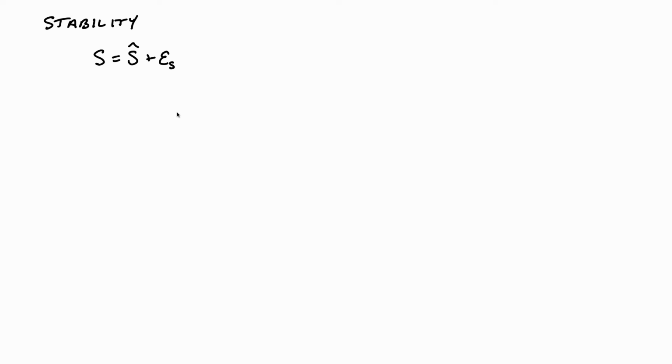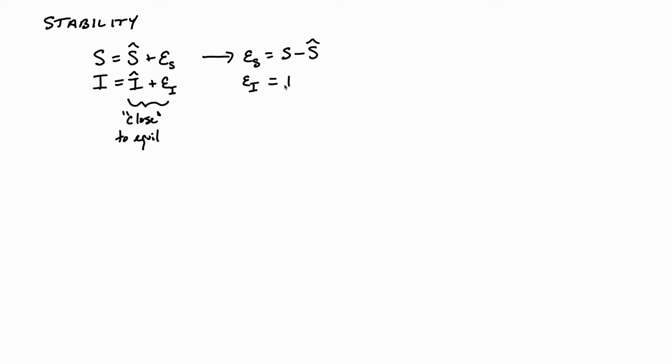We'll call it epsilon S. And our value for I is going to be I hat plus some small error, epsilon I. Right, so these are both close to the equilibrium. And by rearranging those, I can say that epsilon S is S minus S hat, and epsilon I is I minus I hat. This is going to matter in a minute. So the stability of our equilibrium is dependent on the behavior of these guys, of the errors.